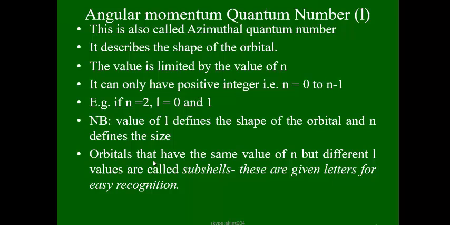Orbitals that have the same value of n but different l values are called subshells. These are given letters for easy recognition. There are many subshells, because we say that l describes the shape and possible degeneracy of a particular orbital. If in a particular orbital there is degeneracy, maybe it degenerates into 3 places.